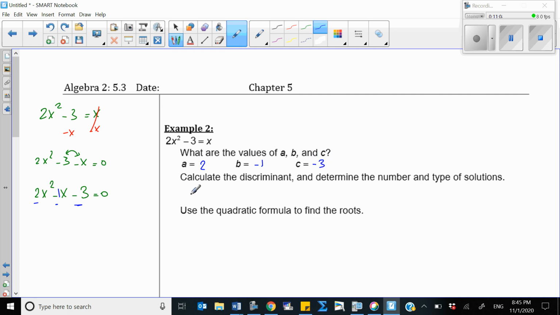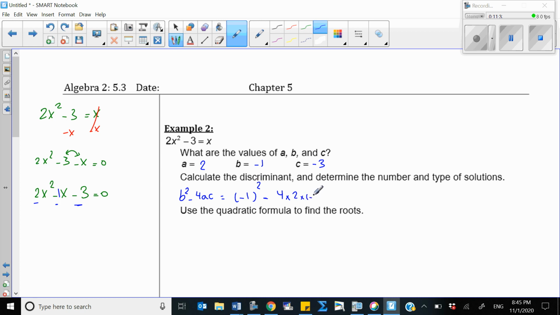Now we need to find a discriminant. B squared minus 4ac. That's our discriminant formula. B squared is negative 1 squared, minus 4 times a, which is 2, times negative 3.